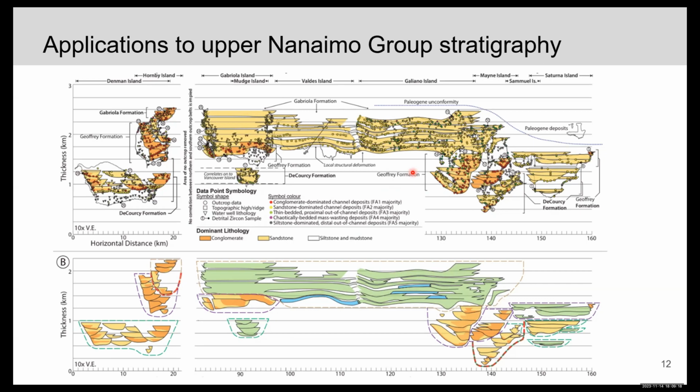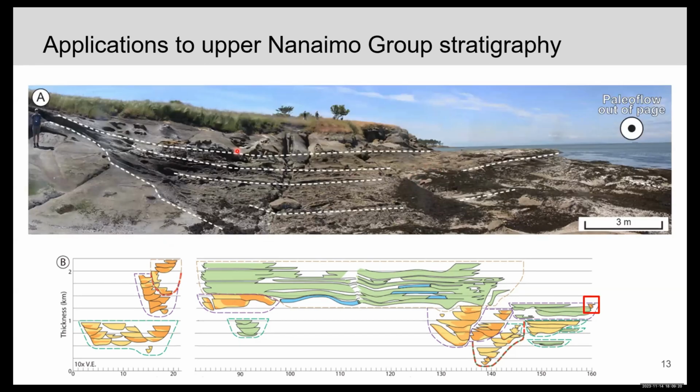As far as different types of channels or deposits, we have really conglomeratic channels. Here I've demarcated the edge, going from super gravelly conglomeratic fill to sandstone prone fill, at the edge of Saturna Island. All this orange in this figure would be conglomerate dominated channel deposits.